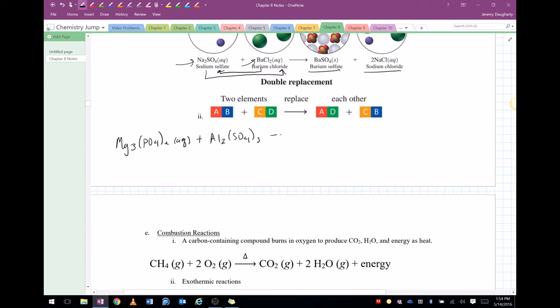Right? So what are we going to get? Well, the magnesium is going to get with the sulfate, and the aluminum is going to get with the phosphate. So we're going to end up with magnesium sulfate, which is MgSO4, because this is plus 2 and this is minus 2, plus aluminum phosphate, which is just going to be AlPO4. And those are both going to be aqueous. Now aluminum is plus 3, phosphate's minus 3. So that's a double replacement reaction.